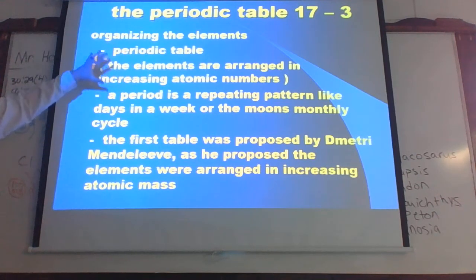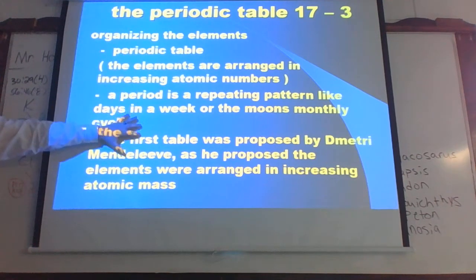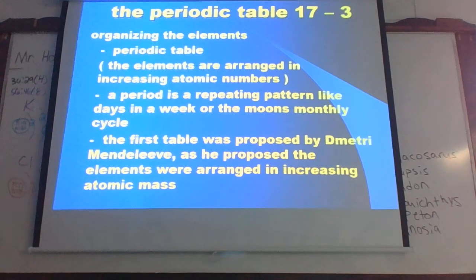And again, this is how the periodic table gets its name. There's certainly a repeating pattern that we see here, like the phases of the moon that go through a monthly cycle, days in a week, the months in a year, all those continually repeat themselves.